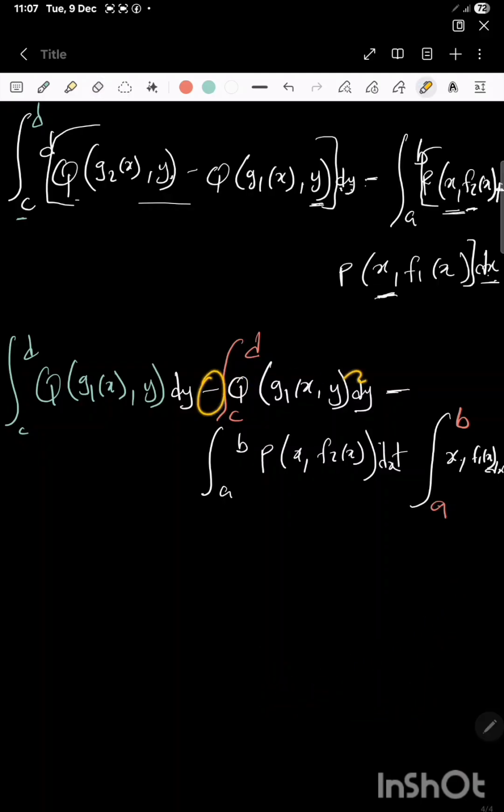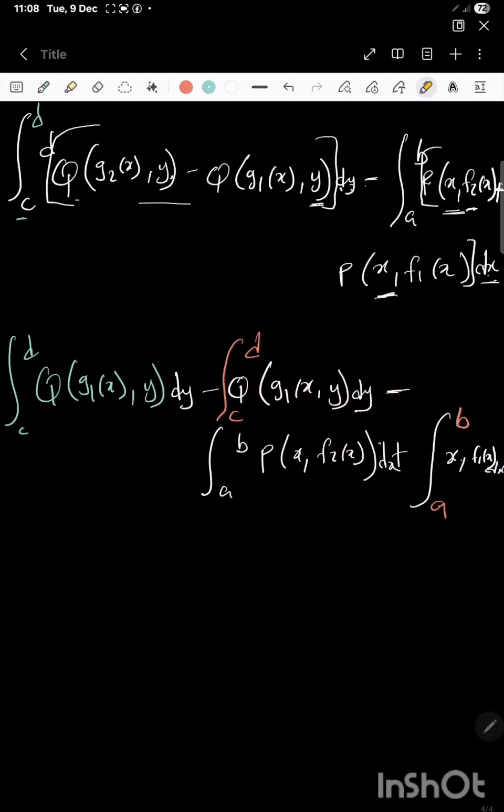I don't want to remain with these negatives, so to remove them I'm going to change the limits. Instead of integrating from C to D, I'll integrate from D to C, so that the negative changes to positive. Even here, instead of integrating from A to B, I will integrate from B to A, so that the negative there changes to a positive.